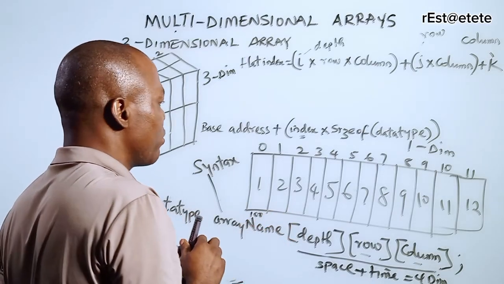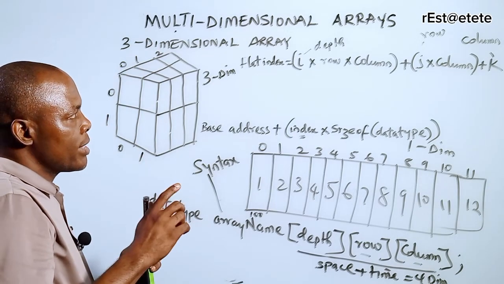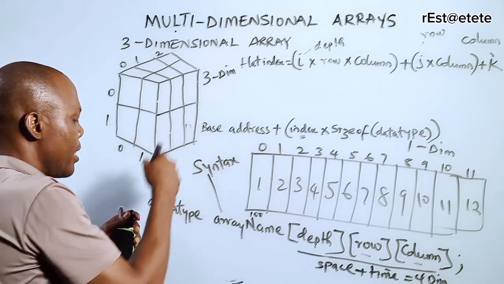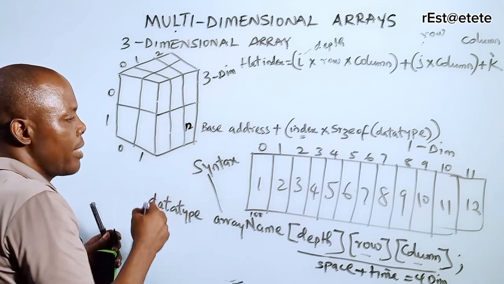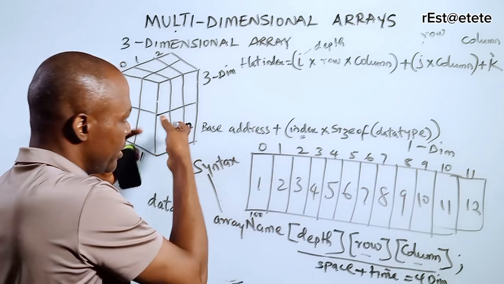Now, if I am to find the address of 12, let's say I have 12 here, and I want to declare a three-dimensional array.